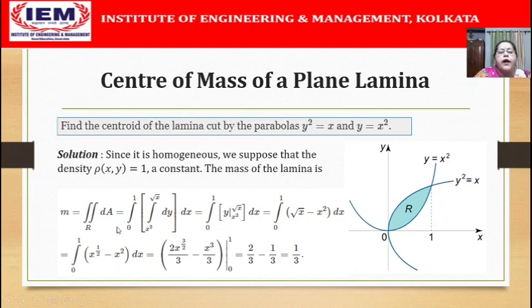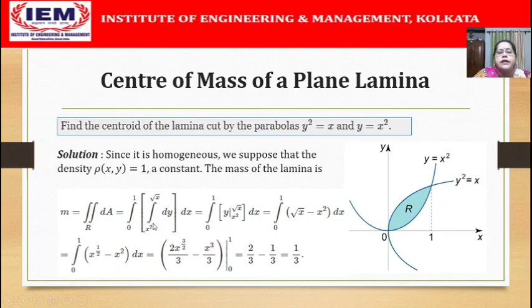And now to find this double integral dx dy over R, what do we have to do? Of course, we need to find the limits of x and y such that the region R is covered. So if we treat this as a type 1 region and vary y first, then the lower limit of y will be on this lower curve y equal to x square, and the upper limit of y will be on this parabola y square equal to x, or otherwise y equal to root x.